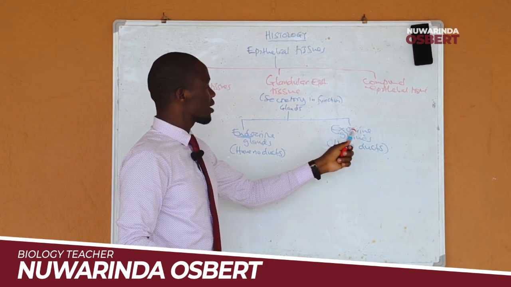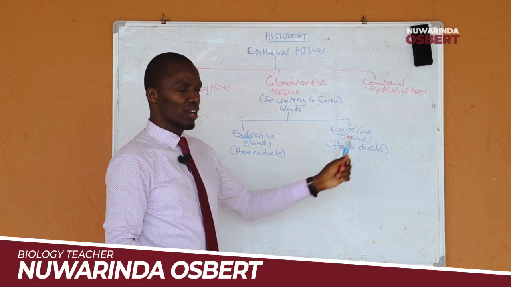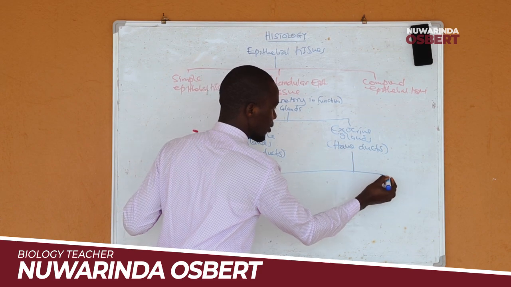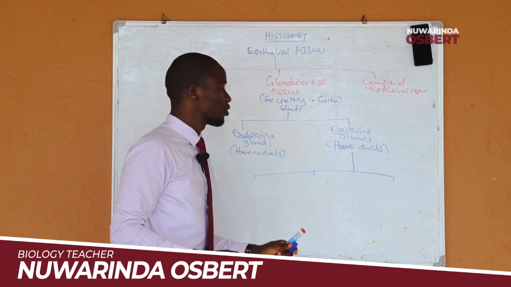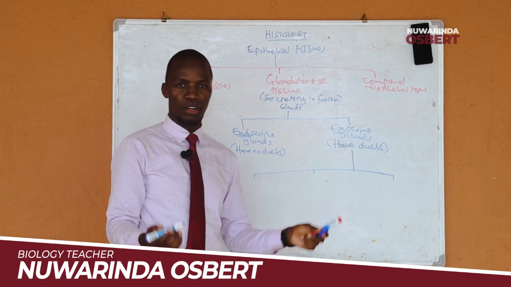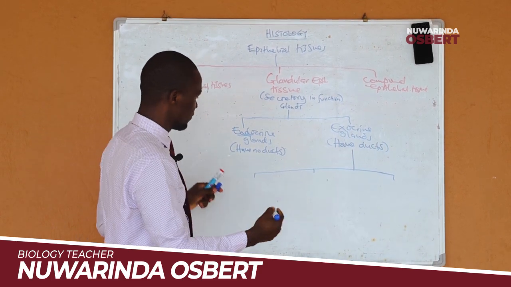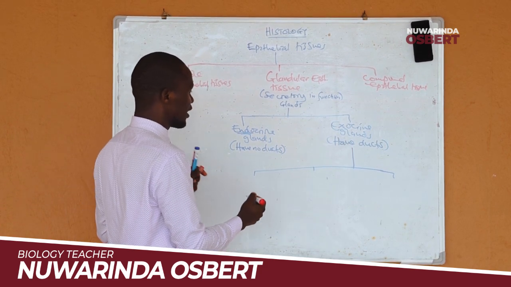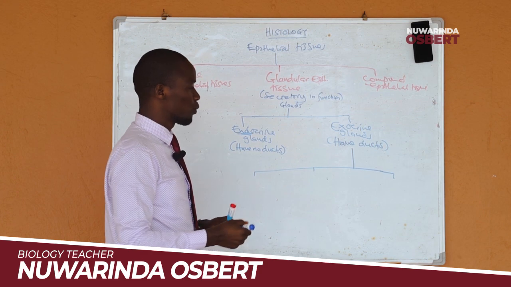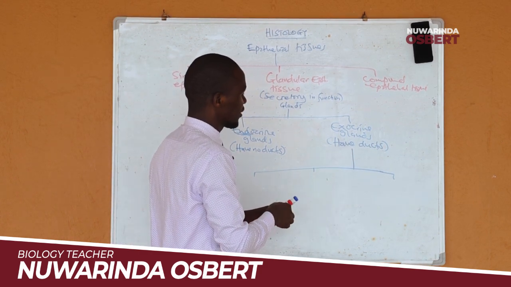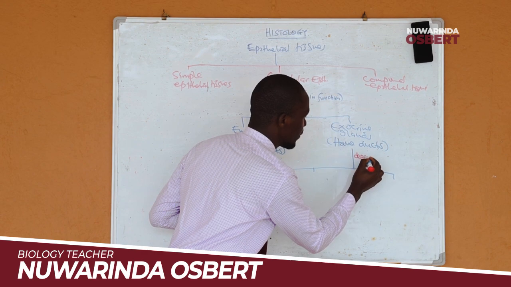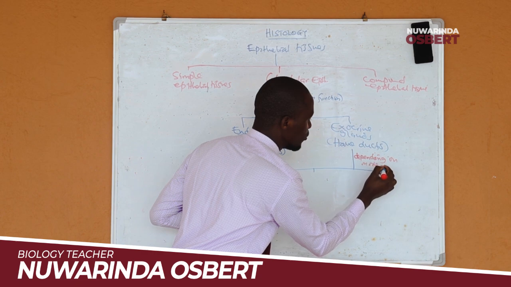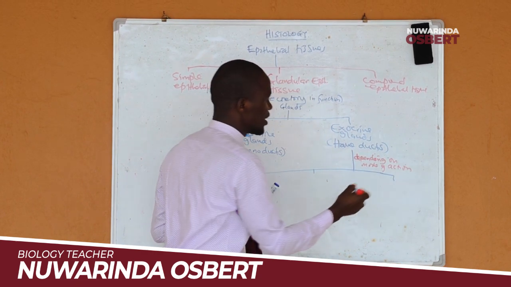Now, when we come to exocrine glands, we categorize them into three. What are those three categories? This categorization is dependent on the mode of action, how the glands release their substances.